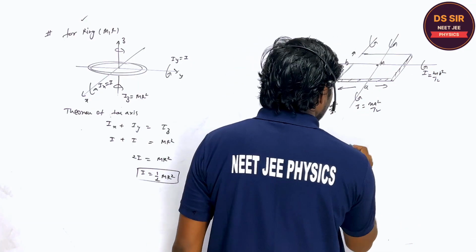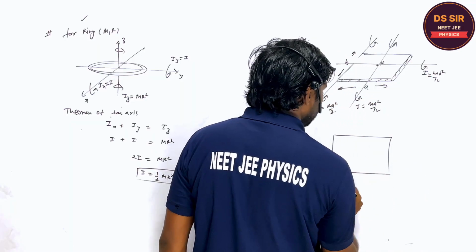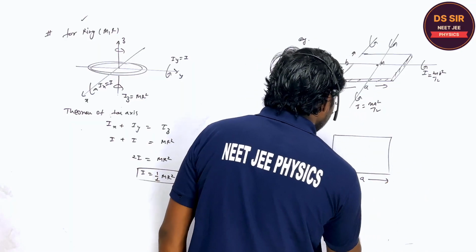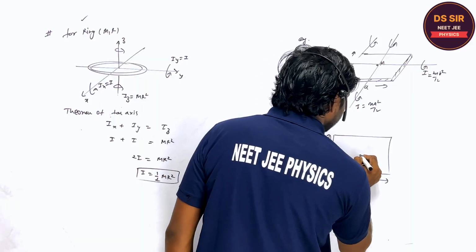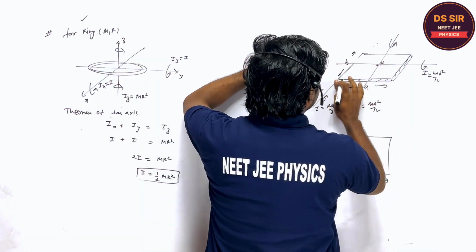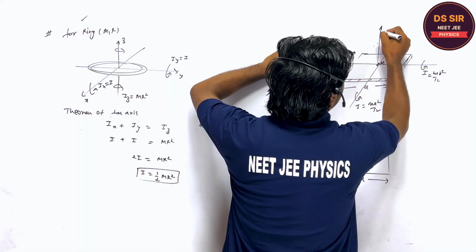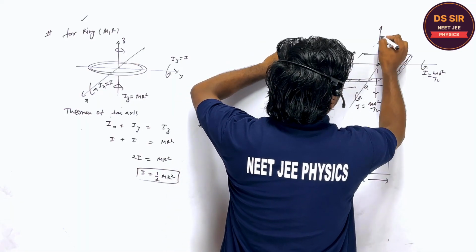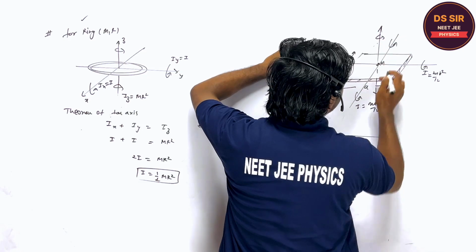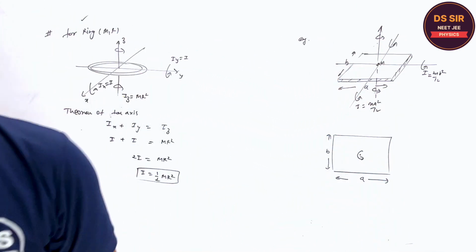So if this is the rectangular slab or lamina, this is the side A, this is the side B, and this is the axis of rotation, you have to find the moment of inertia about this axis. I think you can do this, right?